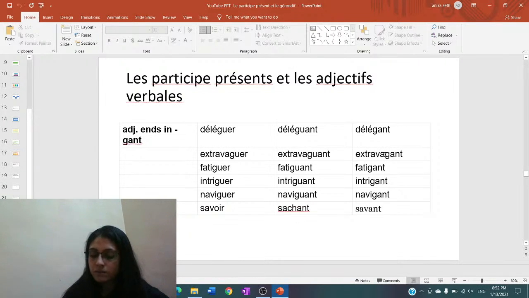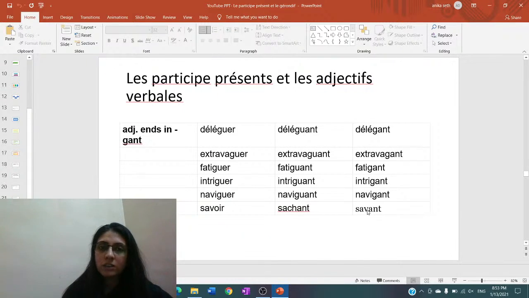Gant is the adjective. Fatiguant, fatigant. Intriguant, intrigant. Naviguant, navigant. Then irregular: sachant et savant.